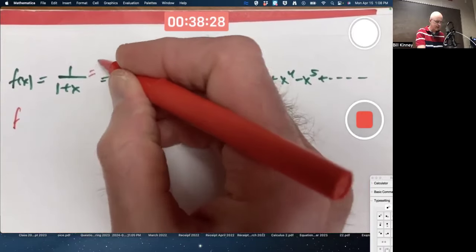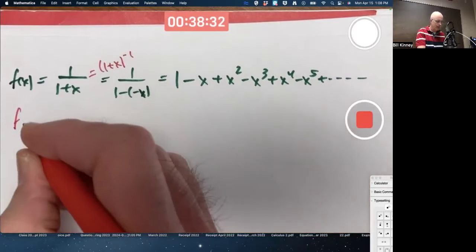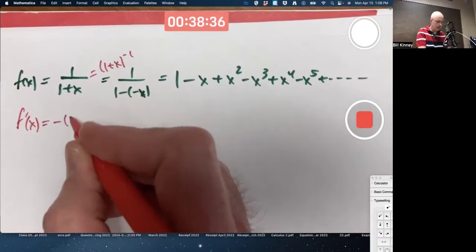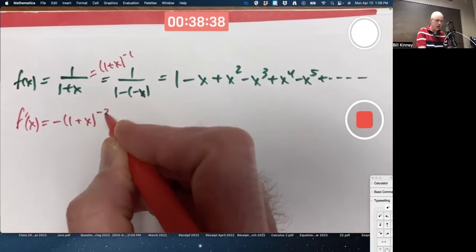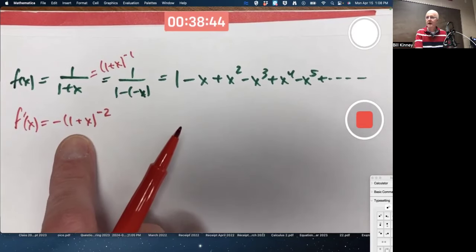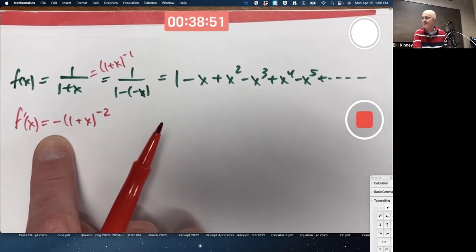This is the same as 1 plus x to the -1. Its derivative will be -1 times 1 plus x to the -2, and I do not get an extra factor of -1 this time, because the derivative of 1 plus x is +1, not -1. So the negative sign there does not go away.